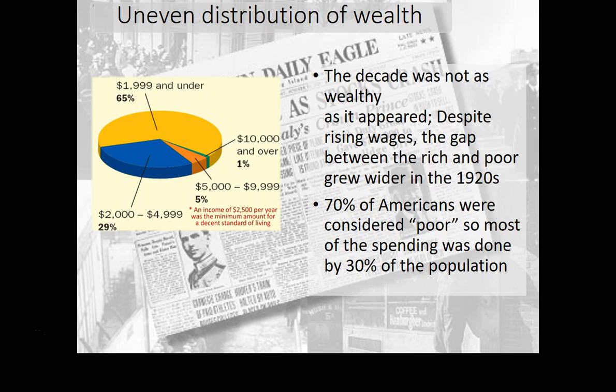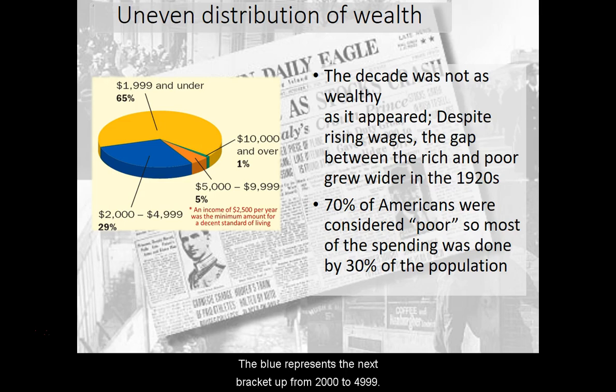70%. If you look at the chart here, the yellow is people who make $1,999 or less per year. Even in the 1920s, the minimum income that would be considered a decent living was $2,500 a year. 65% of Americans are under $2,000 per year.